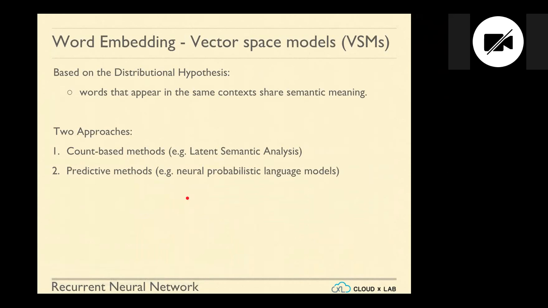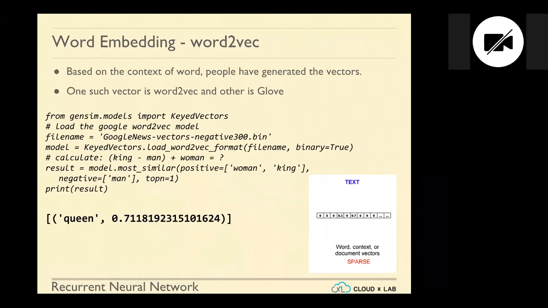All right. Now, there are two ways to derive the embedding. How did we come up with embedding? If the meaning of word embedding is clear, then I'll move ahead.